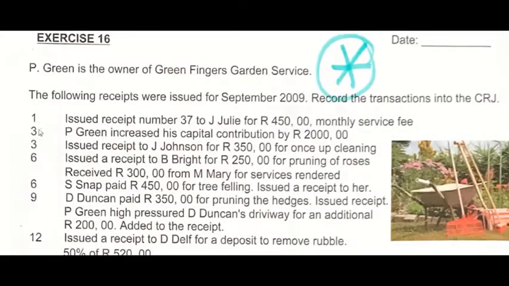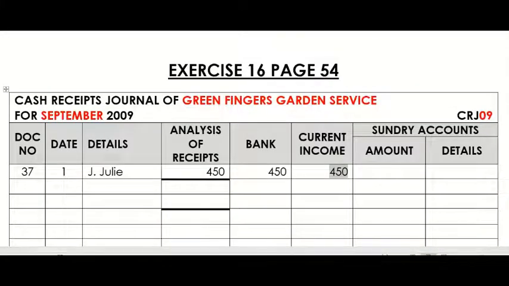The next transaction was on the 3rd, but be careful, there are 2 transactions on the 3rd. Okay, so this will influence the analysis of receipts and bank columns. Remember that P. Green increased his capital contribution by 2,000 Rand. Remember, P. Green is our owner, and we will give him receipt number 38.